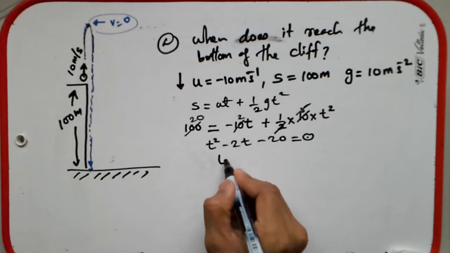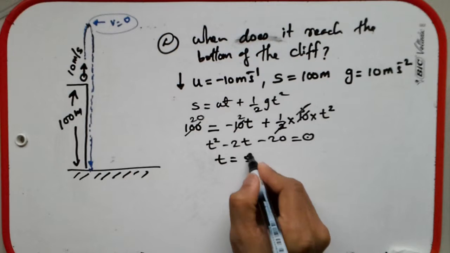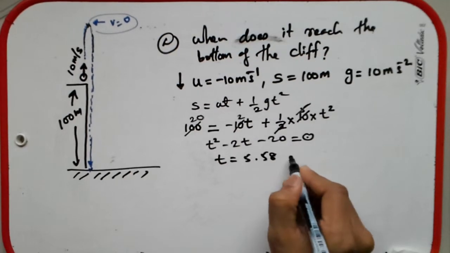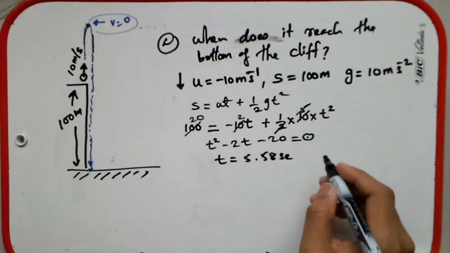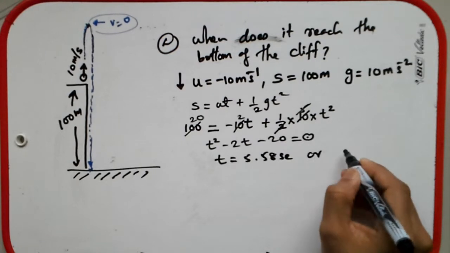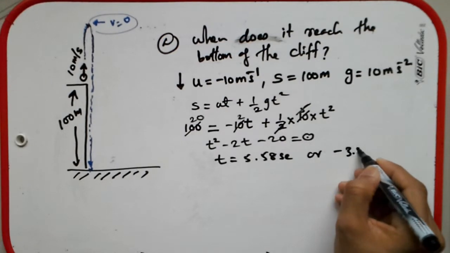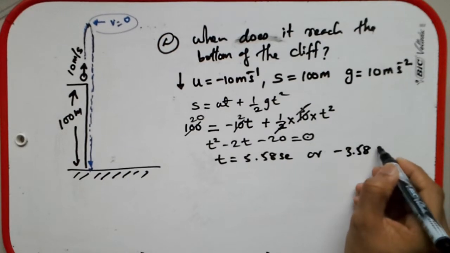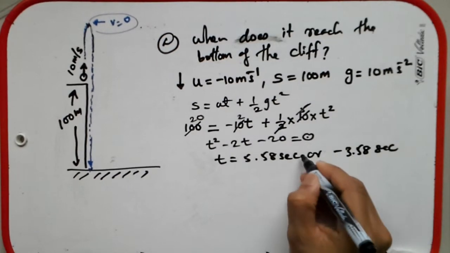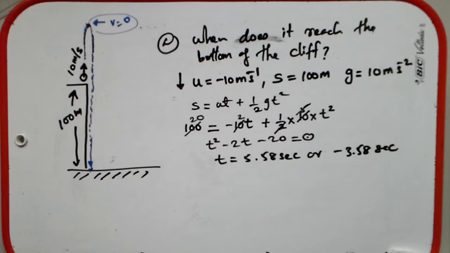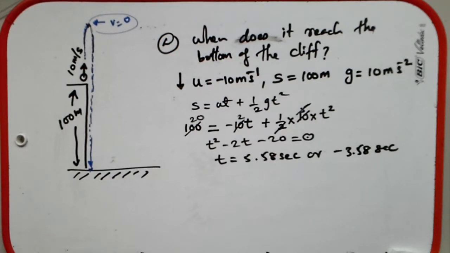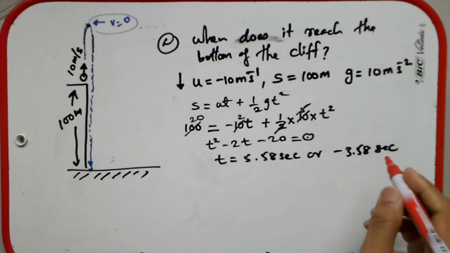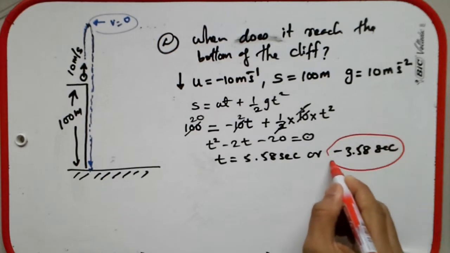t equal to 5.58 seconds. This is one answer, and the second answer is minus 3.58 seconds. So this is the time taken to reach the bottom. But you see, this answer is minus.